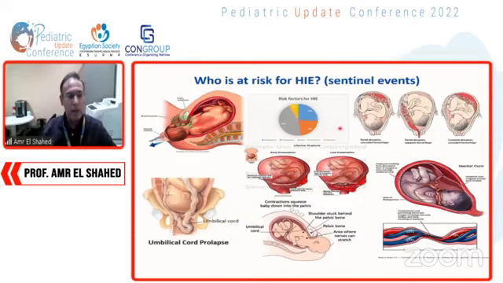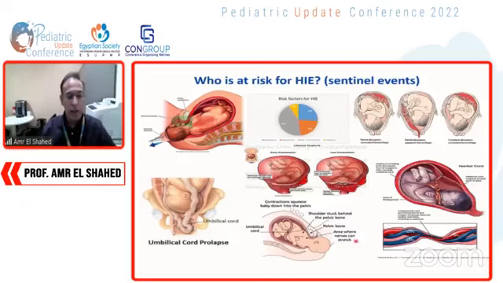But recently we learned that the intrapartum events are really important, and sometimes maybe more important than the antepartum events. However, in general, we still can't identify a sentinel event or risk factor for hypoxic ischemic encephalopathy in up to 25 to 50% of the cases, despite all the history and all the signals that we can collect.